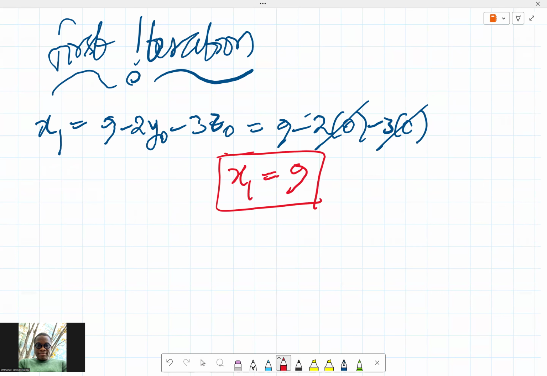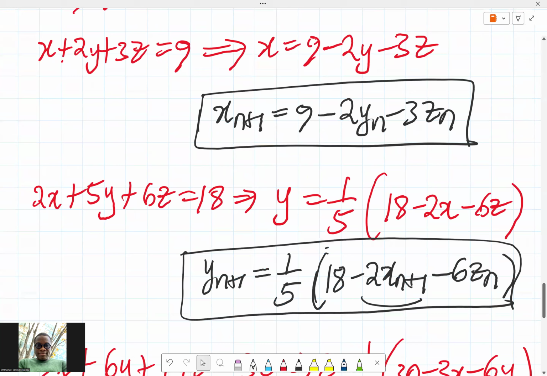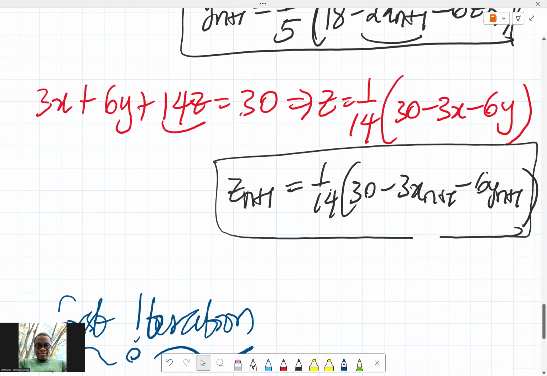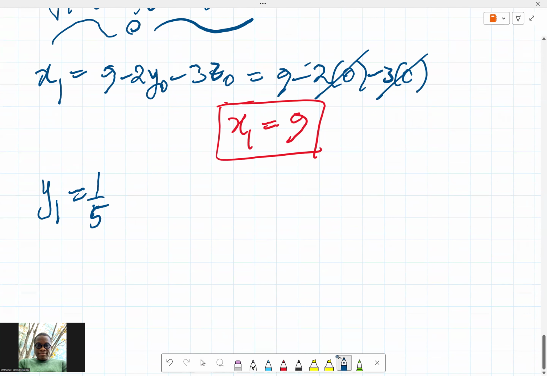So we go for the next one, which is y1. We already have the expression. y1 is 1 over 5 into 18 minus 2x_{n+1}, so that is 1 over 5 into 18 minus 2x1.